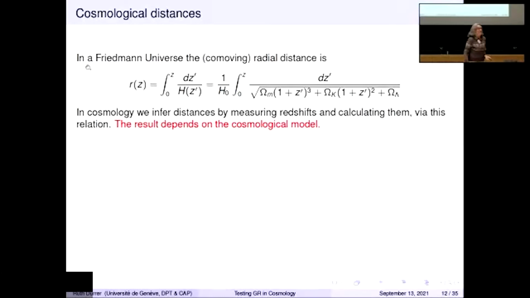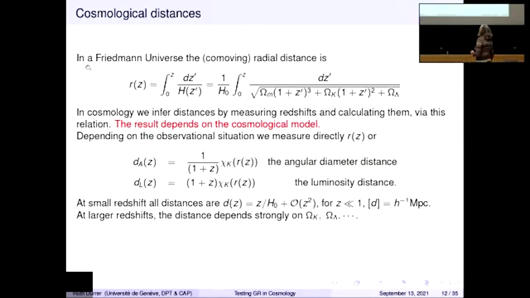So the results depend on your cosmological model. And then if you measure some distance, it is this function chi of r, either the angular diameter distance or the luminosity distance. For small redshifts, all of these quantities are just given by c over H0.